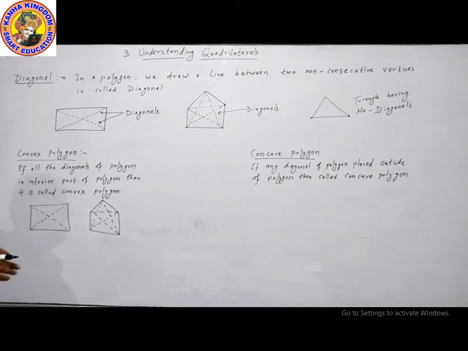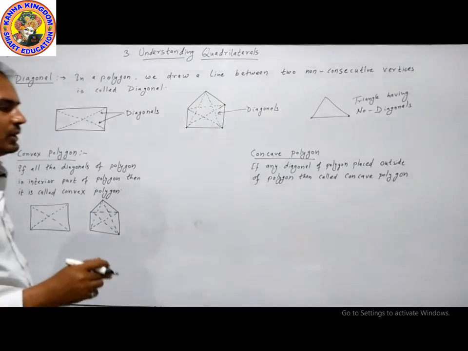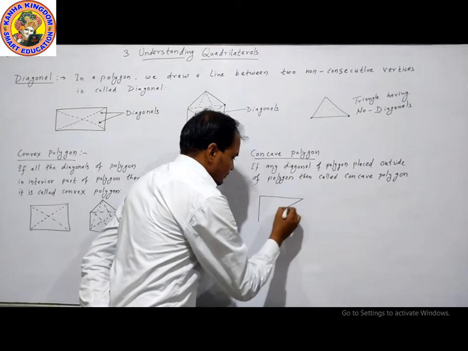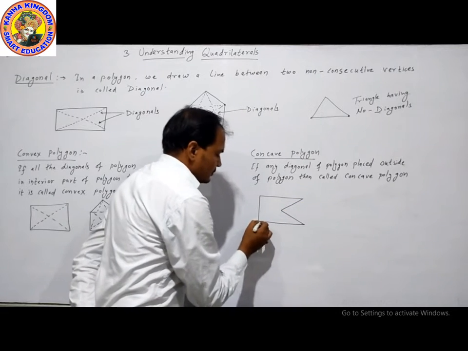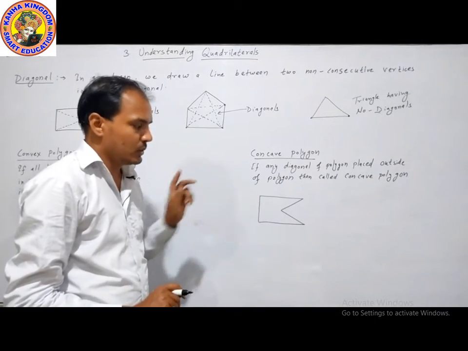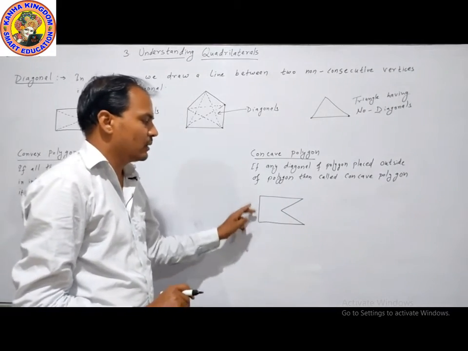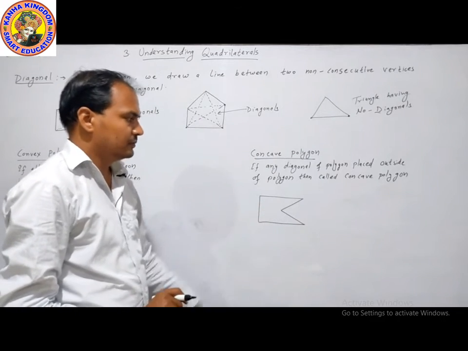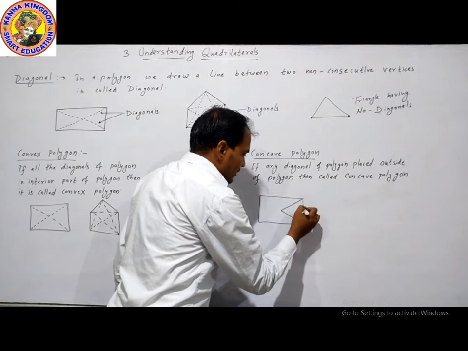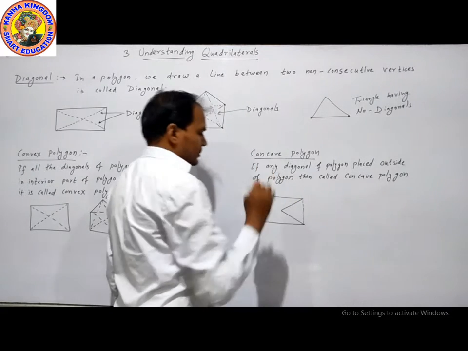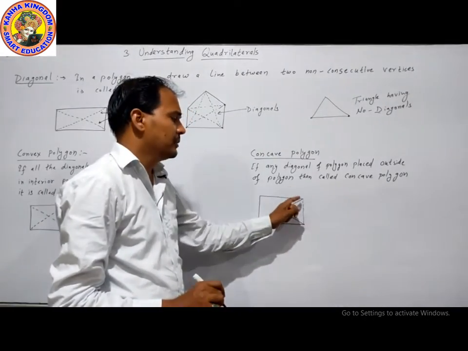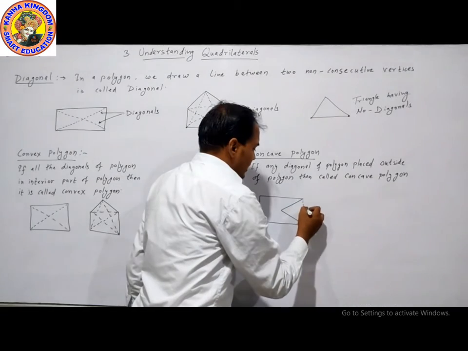If any diagonal is placed outside of polygon, let us draw a diagram. This is our polygon which made by lines and closed, and diagonal is the line between two non-consecutive vertex, called diagonal.